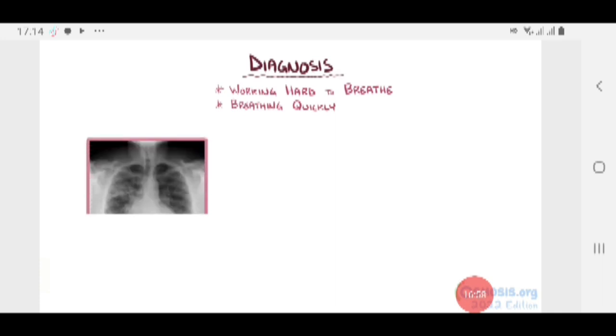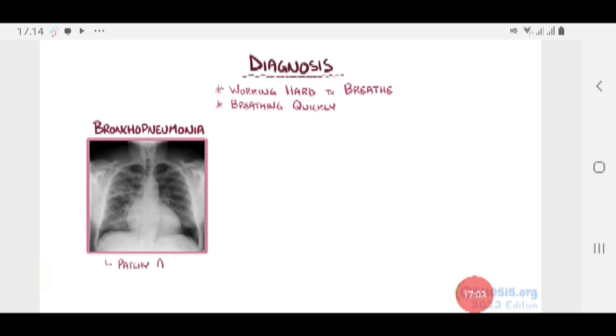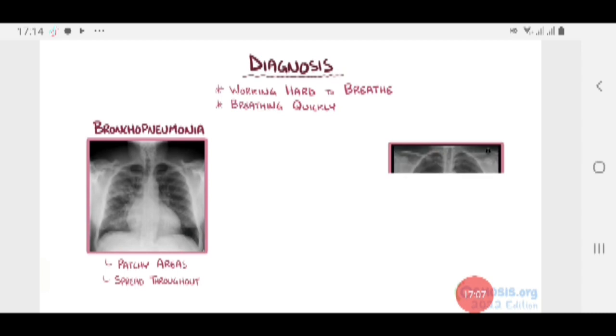A chest x-ray of bronchopneumonia typically shows patchy areas that are spread out throughout the lungs.